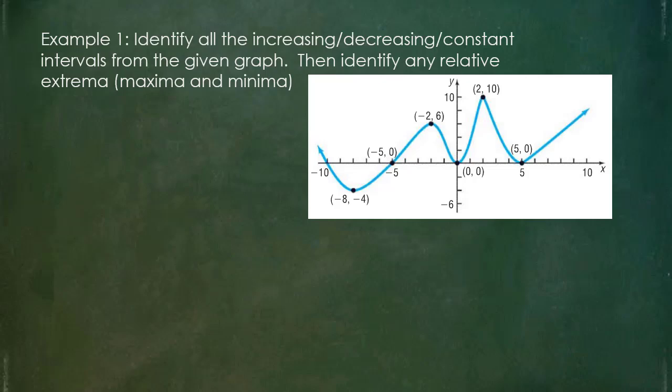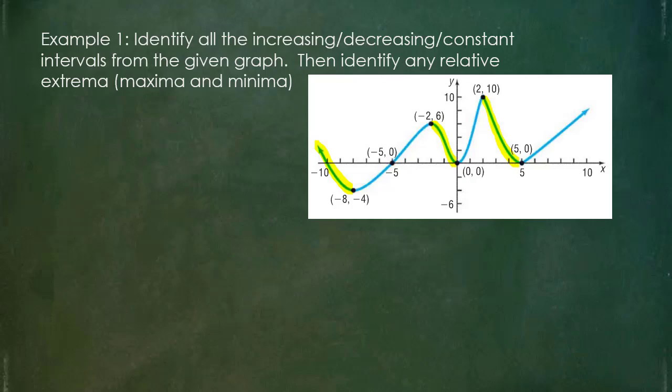If I said to just identify all of the increasing, decreasing, or constant intervals from this given graph, if we maybe try and highlight some of these things, looks like it would be coming down the page from left to right along this interval, coming down the page along that interval there, and another one over here.